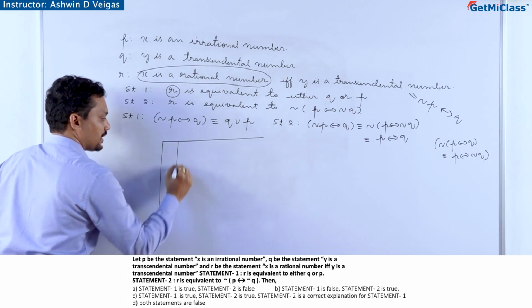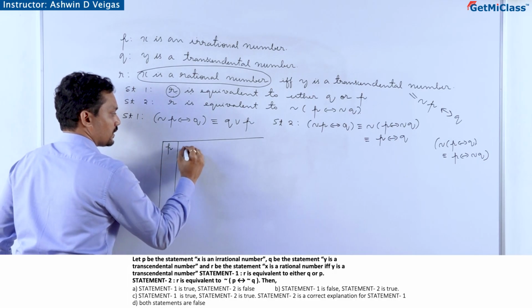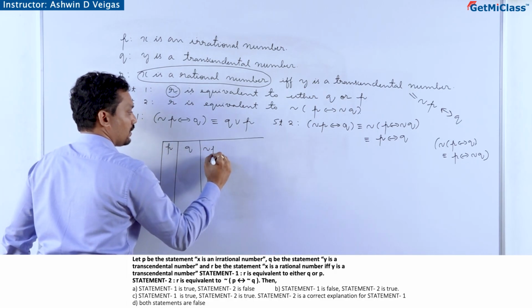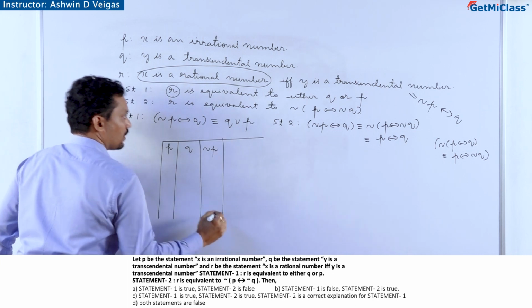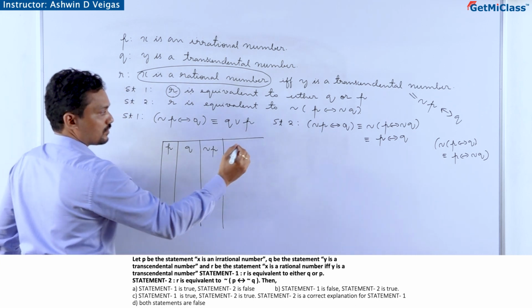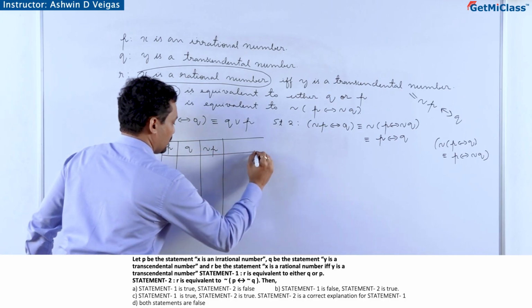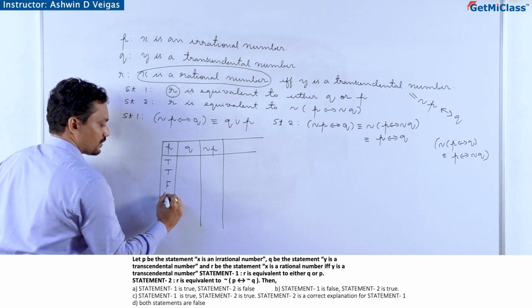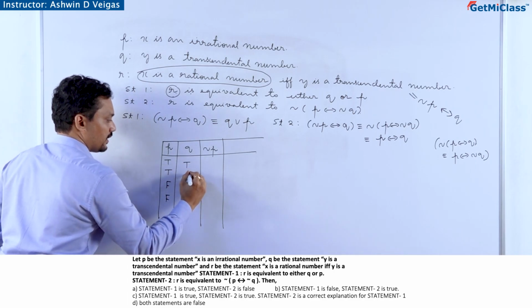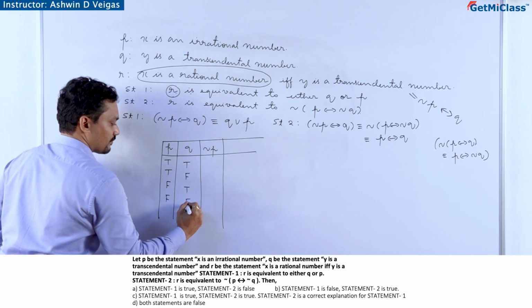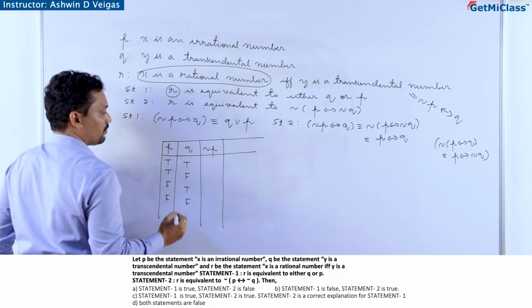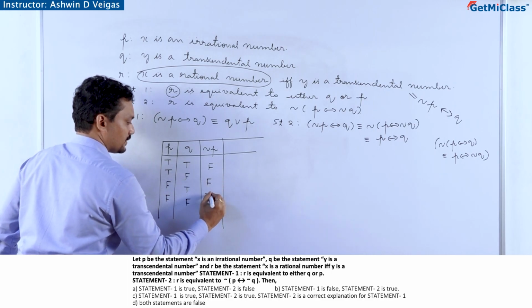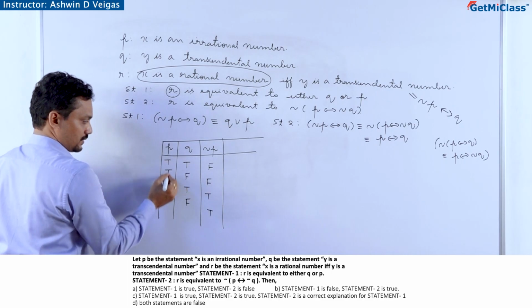So, first I will take P, then Q, then negation of P. P I will take TT FF. Here I will take TF TF. Now, negation of P is FF TT, the negation of this.